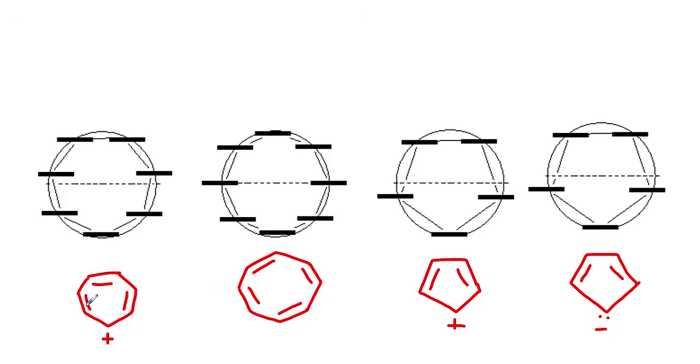There's 6 pi electrons because there's 3 pi bonds. And if we fill the electrons in, can you guys see what we do is we do this, and then we fill them in. We fill in all 6 pi electrons. So that makes this aromatic and therefore stable. I can move the plus charge all the way around the ring through resonance.